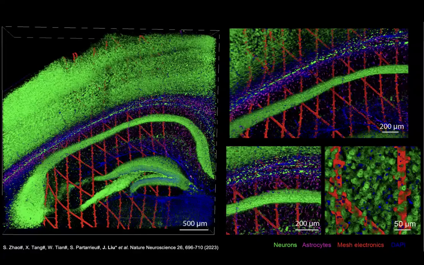By precisely controlling the implantation, we can distribute this red-labeled mesh-like electronics across multiple brain regions, while the green and purple colors label the neurons and the astrocytes respectively. Over this long-term implantation, 6 weeks, there is minimal degradation of the neurons and proliferation of immune cells at the interface with those flexible electronics.